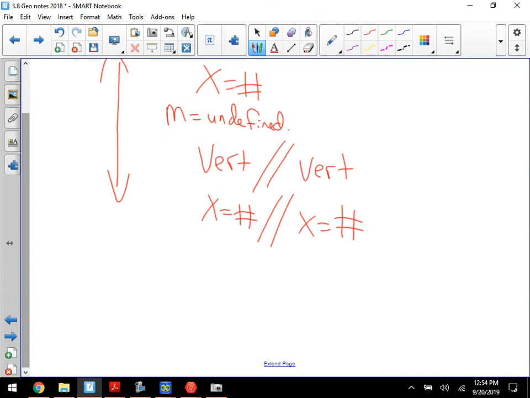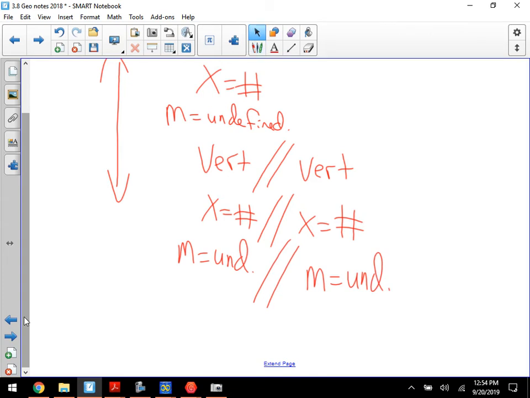All right, which means the slope, if the slope is undefined, what's parallel to undefined? 0? No. Remember, parallel lines have the same slope. So that means if your slope is undefined, you're parallel to other undefined slopes. That means all vertical lines are parallel.